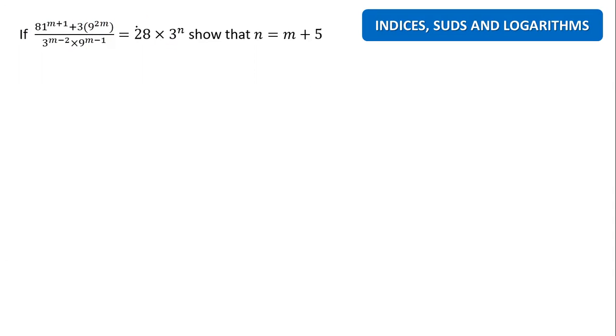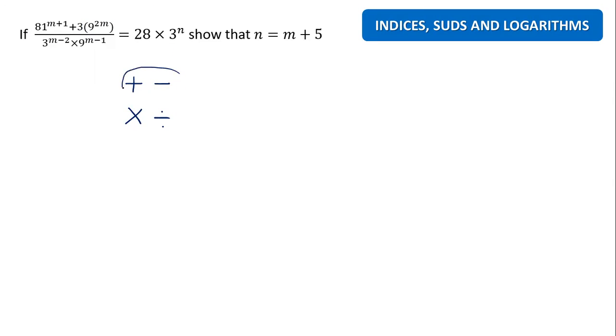Number 2. Please listen to this carefully, class. If you can take this clearly, you can do a lot of questions without problems. In indices, we have 2 different types of operations. One is plus and minus. Another one is times and divide. Make sure you understand these 2 different processes slowly.